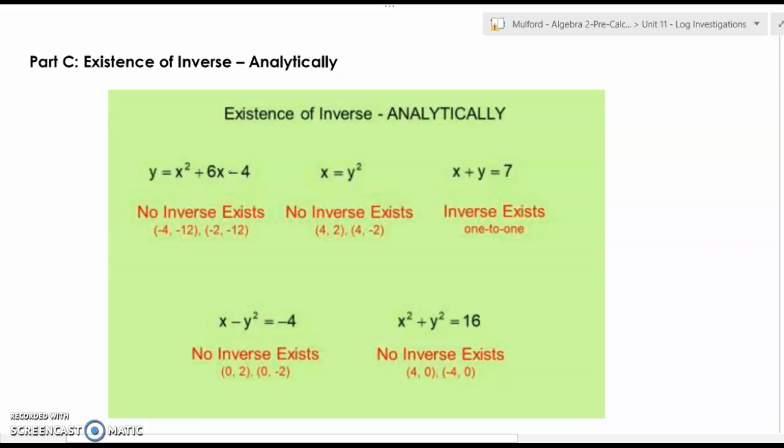But the problem is that we have repeating outputs. I don't know what the input is. I can't work backwards and say, well, the output was 4, so my input was 2. I can't do that. So this one right here is a quadratic. That's a problem. This is a parabola, but a little different one. It's a sideways parabola. That one won't actually be a function.